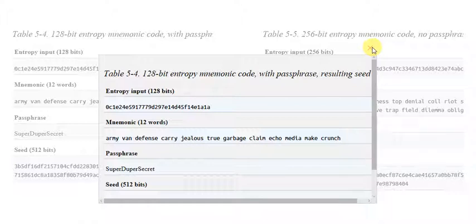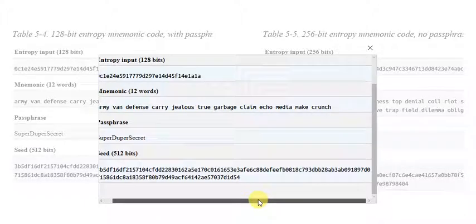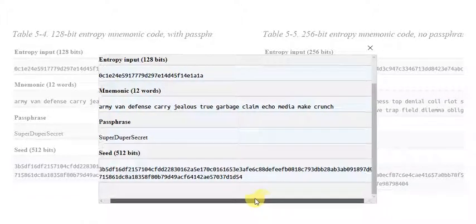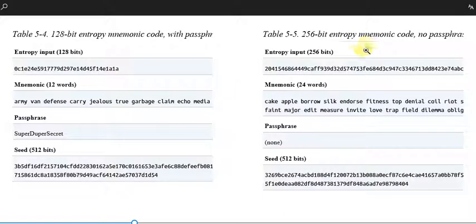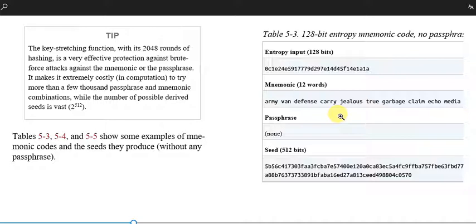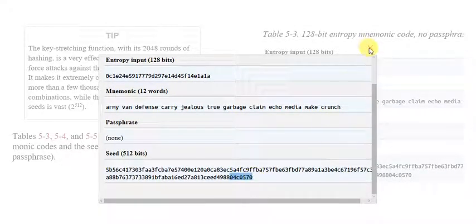Mnemonic, 12 words: army van defense carry jealous true garbage claim echo media make crunch. Passphrase: none. Seed, 512 bits.